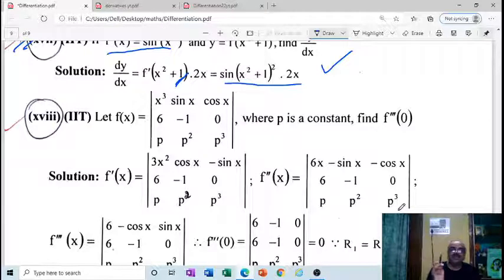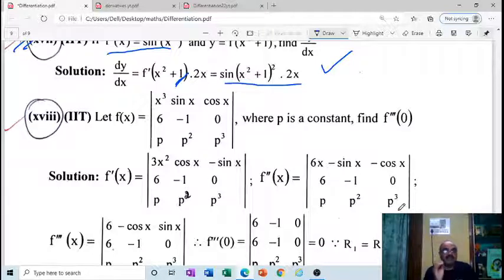Then substitute the value of 0 in it. Understand this thoroughly. There is a determinant. It has to be differentiated thrice. After that, substitute the value of 0 in it after the third differentiation. Then find the value of that.